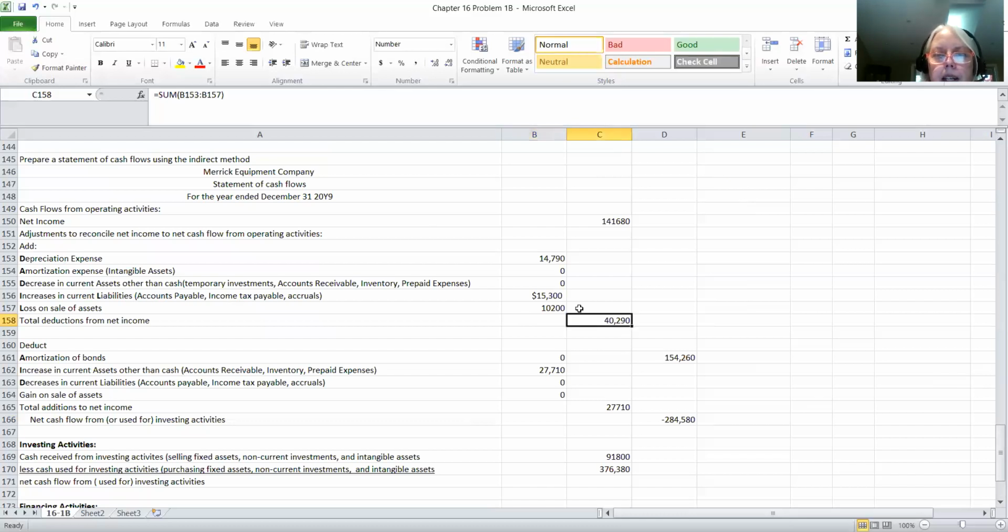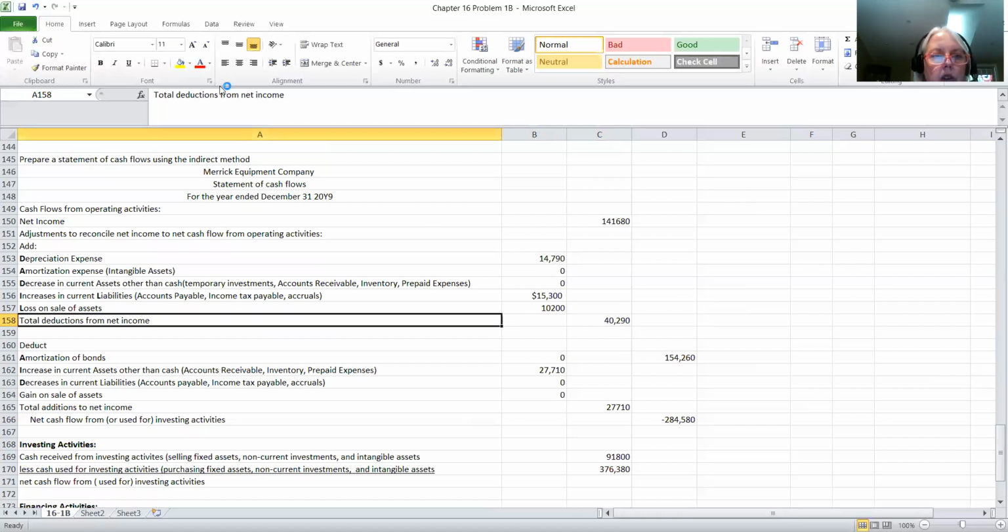Then what I did is I added all of these amounts together, and once you combine all of these amounts together, the total amount is $40,290, and these are going to be the total additions to net income. So again, I need to change this out here.